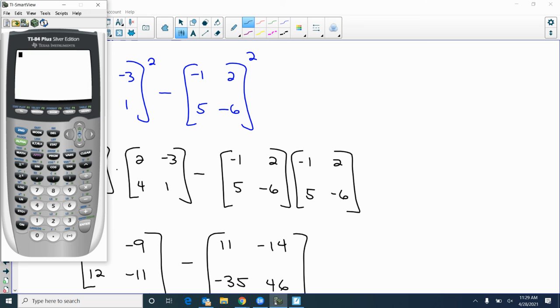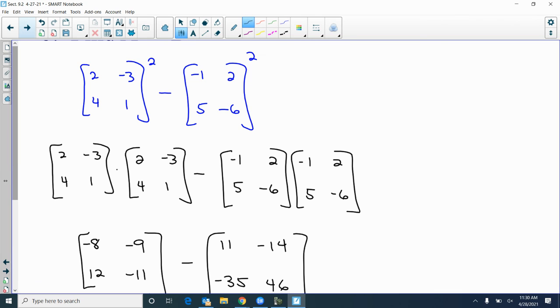And if you want to do any operation with it, you have to hit the matrix menu. And then from the names, you would hit A. And if you want to square, you can hit A squared. So you get -8, -9, 12, -11. So you can use your calculator. I want you to use your calculator, but you have to know how to do it without it as well. But that would be a double check.